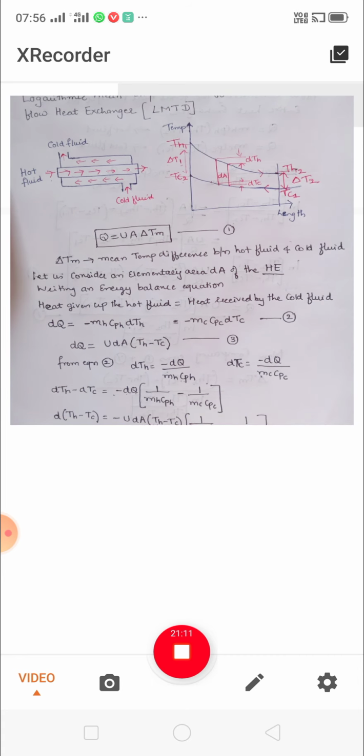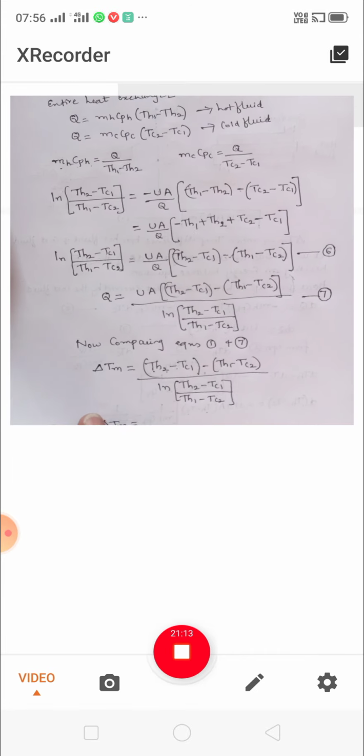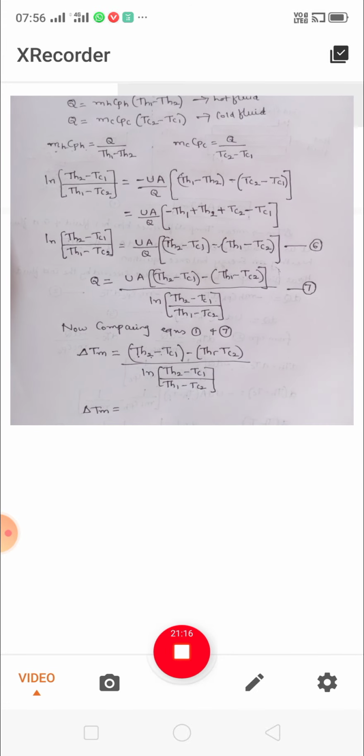So from these graph values I am going to substitute the values here.